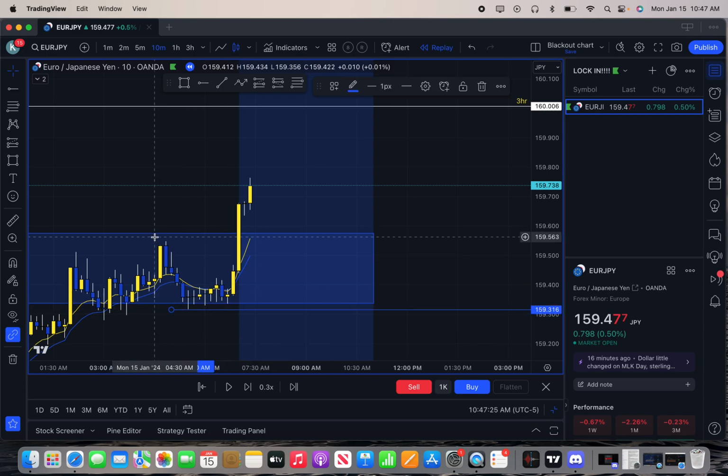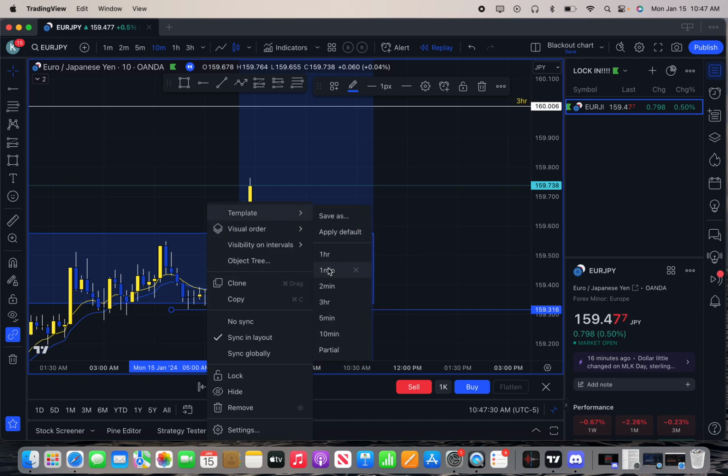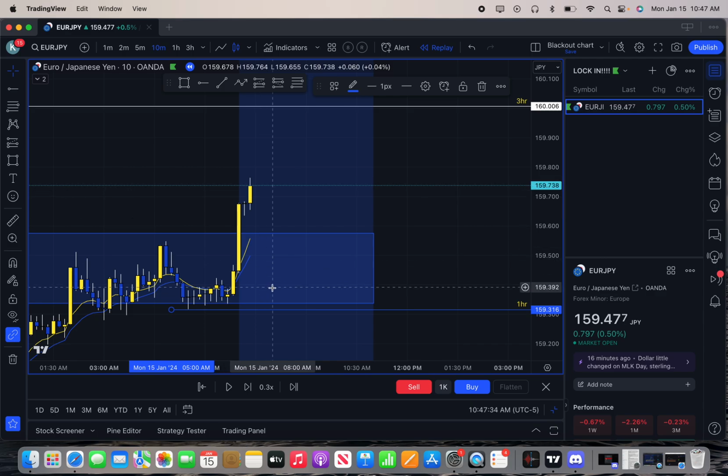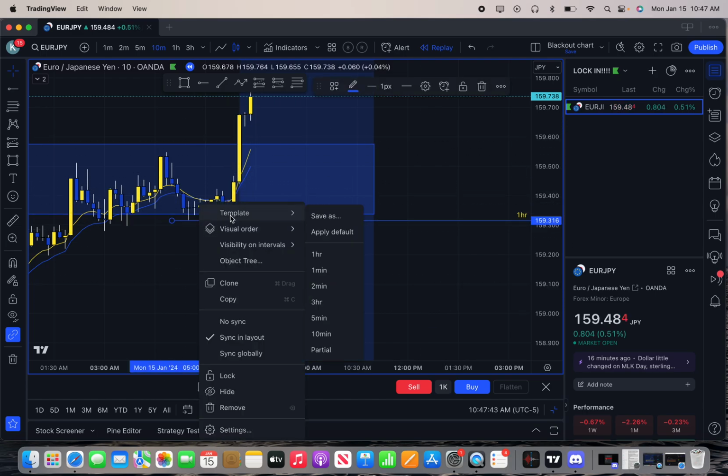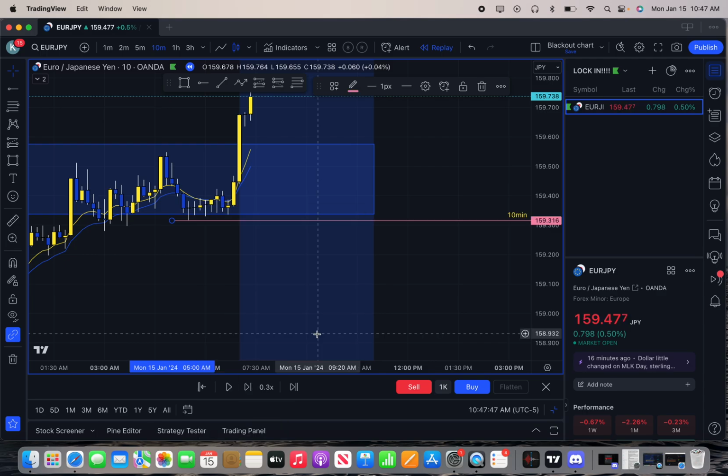So even though this is a high probability 10 minute push, it's a low probability for us because the 1 hour can still easily push back down and give us a continuation off of this. Until the 1 hour actually closes past that zone, we are only looking for sales.